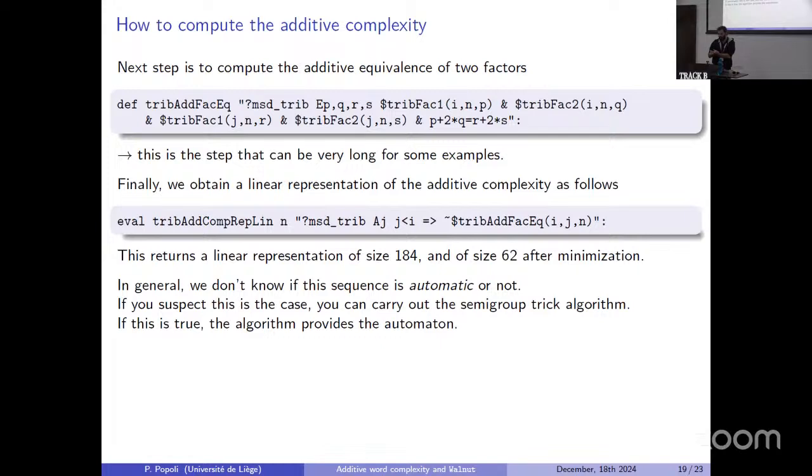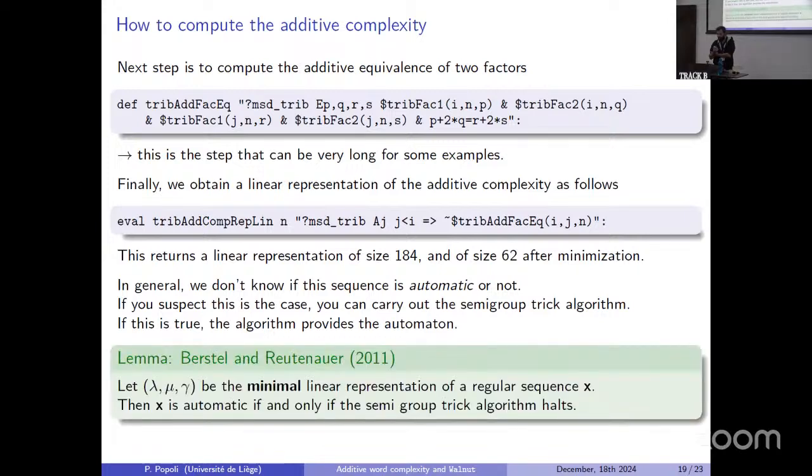We have this theoretical result of Bell, Rothenauer that states that if I have a minimal linear representation of a regular sequence, then the sequence is in fact automatic if and only if this algorithm stops. I don't give so much detail here, but we just apply this algorithm and hope it will end. But here we knew it would end because the abelian complexity was bounded.